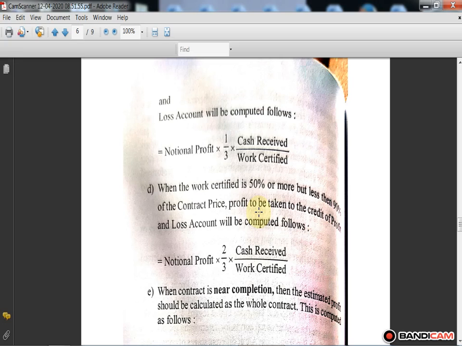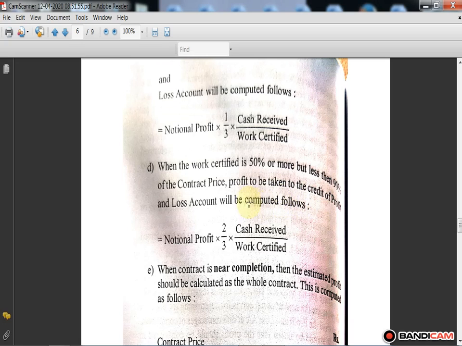So the contractor has done the work 50% or more but less than 90%, and they received the work certificate from the architect, then the formula for computation of notional profit is notional profit into 2 divided by 3. Here one third for 25 to 50% and two third for 50 to 90% work certified.